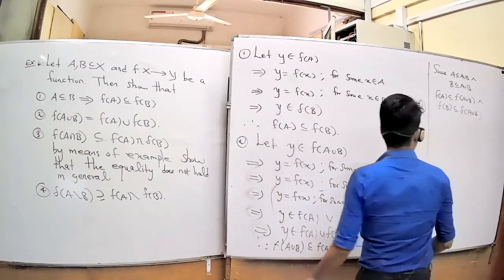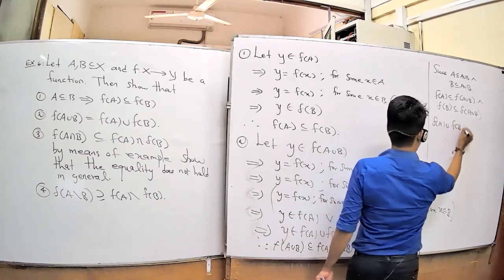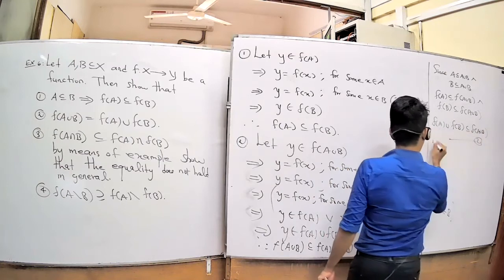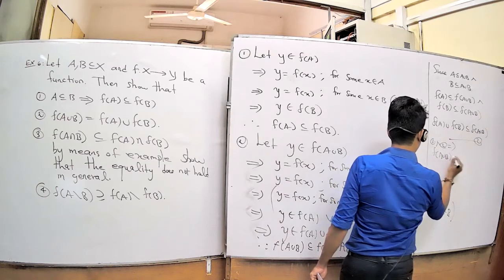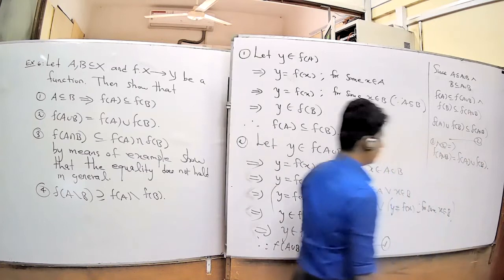From this, both you will write f of a union f of b is a subset of f of a union b. This is your second part. 1 and 2 imply equality. That means f of a union b equals f of a union f of b.